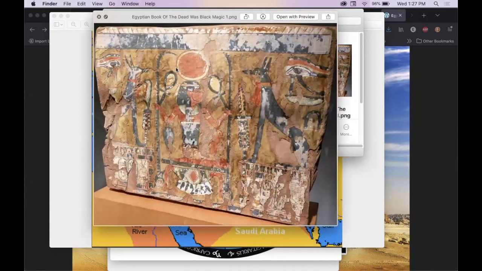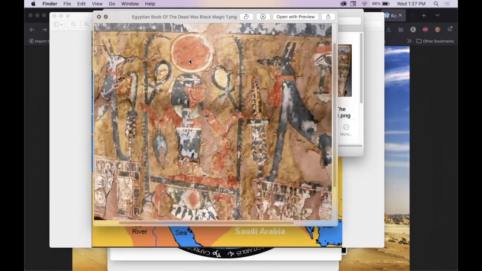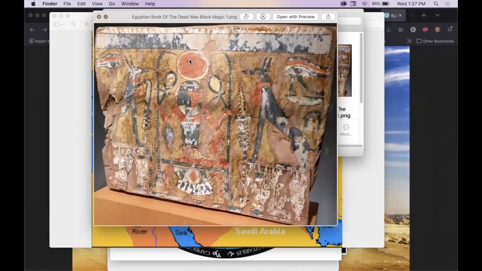Okay, this is an actual stele or slab. Here it is. They're holding these little ankhs. The ankhs are representative of death. The water is flowing out of this implement. And I suspect that this is a blood moon. I don't think it's the sun, because the sun is always represented as gold.